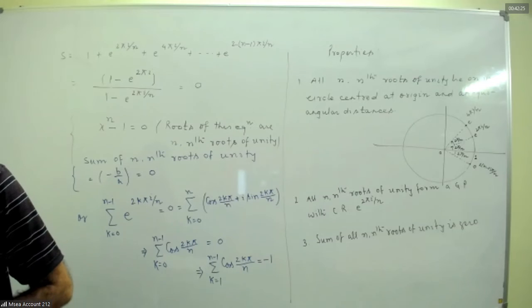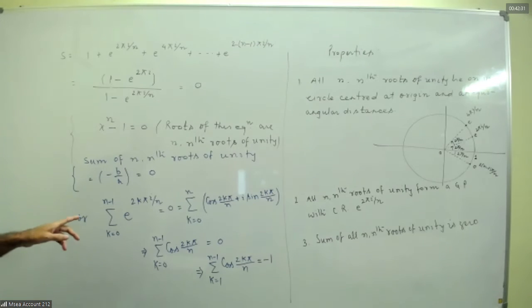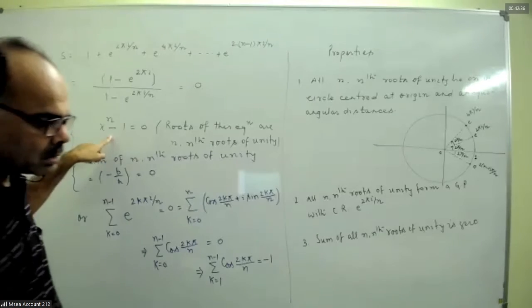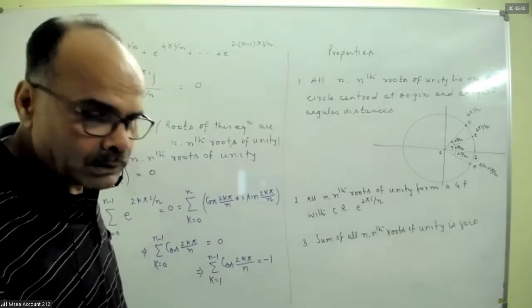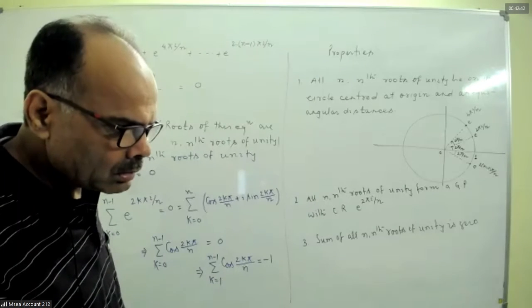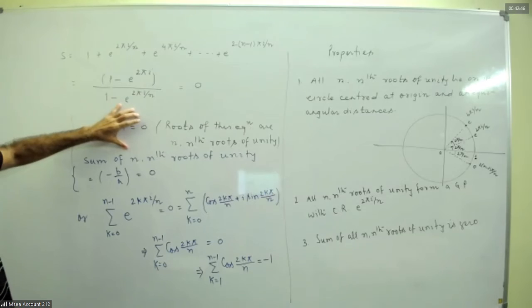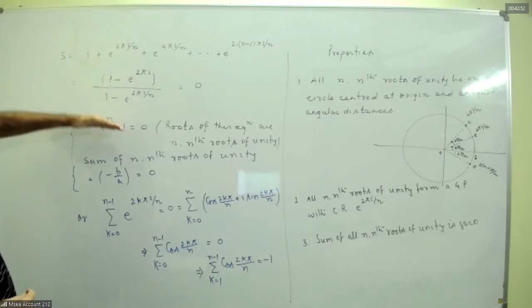Sir, how did you get x power n minus 1 there? No, this is not any step. I just constructed one equation whose roots are the n roots of unity.